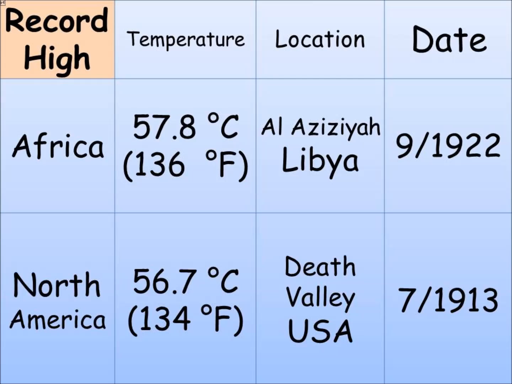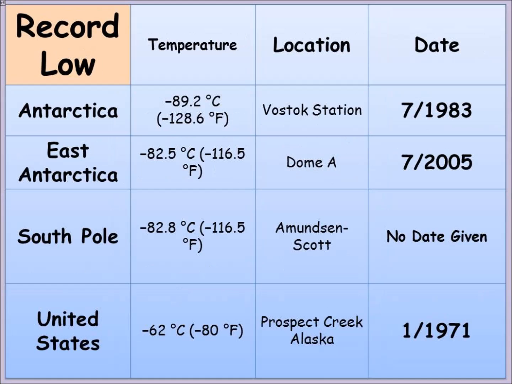Here are some record highs. In Africa, in Al-Azizia, Libya, it hit 130 degrees Fahrenheit. In Death Valley, in the United States, which is very famous because it's very, very low, below sea level. So you can see even in the United States, it can get very warm. Those are record temperatures, of course.